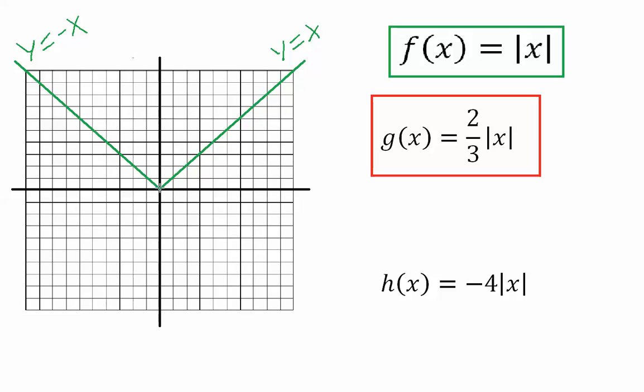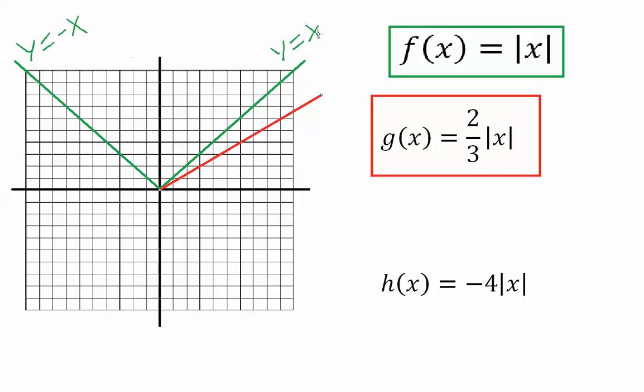So from this point we go up 2 over 3, and then up 2 over 3 again, and again. And then I'll extend it this way. So that's how that line is going to look.